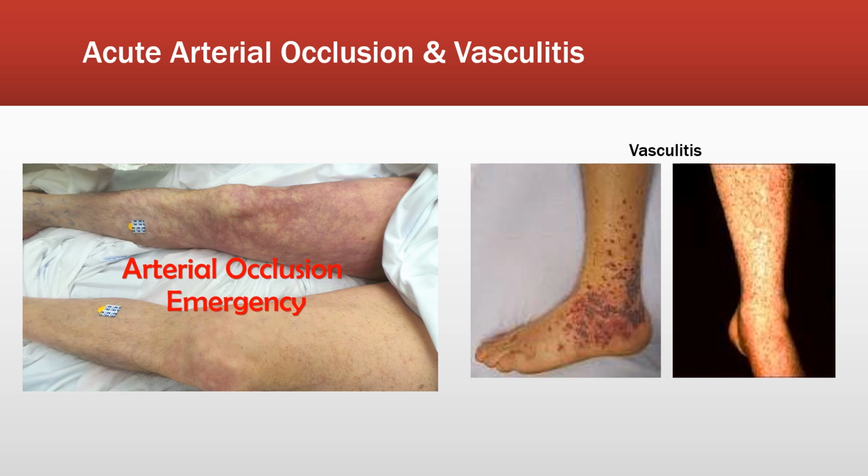You can see the mottling in that right leg because of the no blood flow. Vasculitis on the right is inflammation of the blood vessels, commonly stemming from rheumatic diseases and syndromes, and you treat the vasculitis with corticosteroids or prednisone.